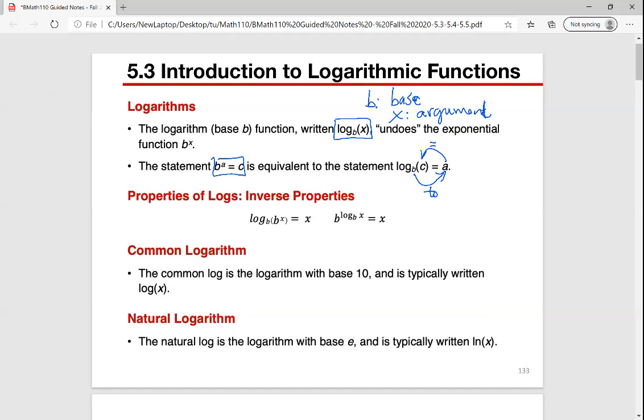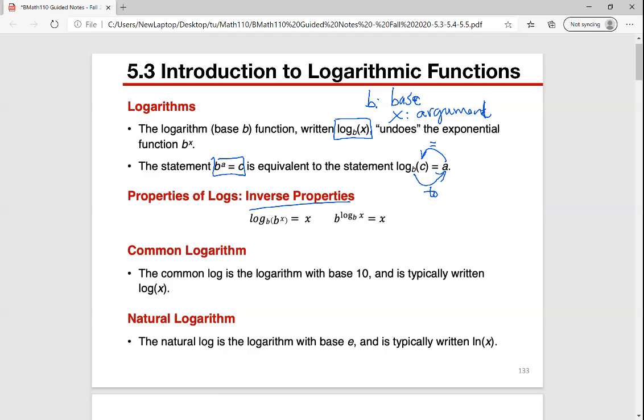There are some properties of log, such as the inverse property. Log base b of b to the power x will be equal to x only.